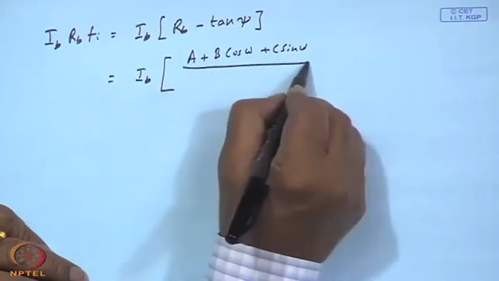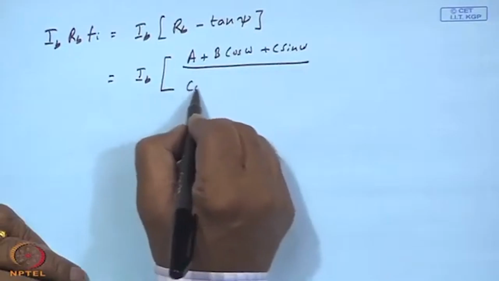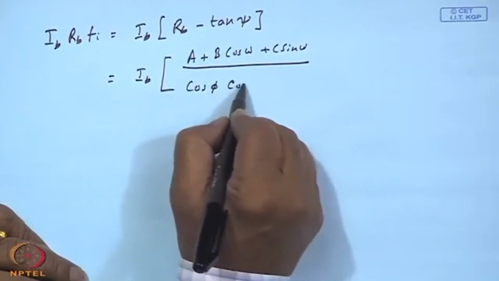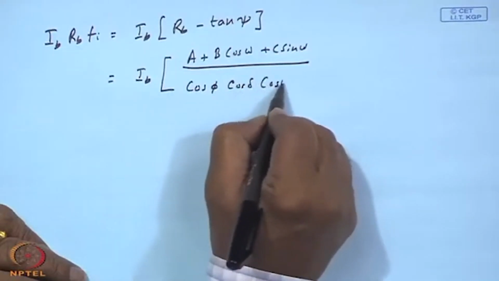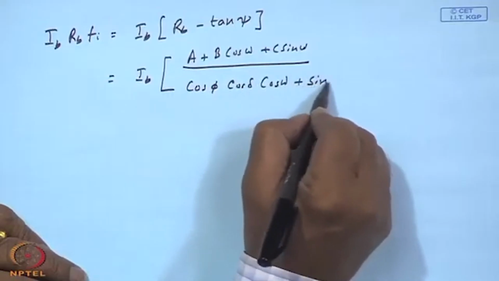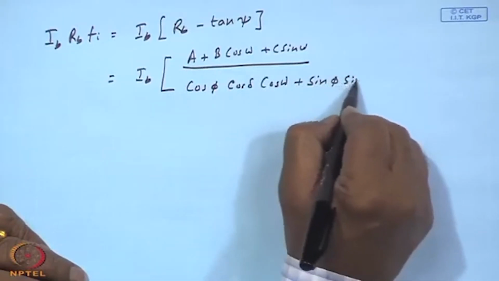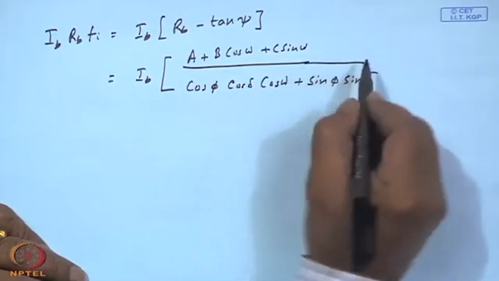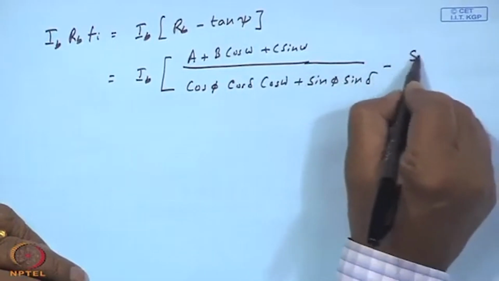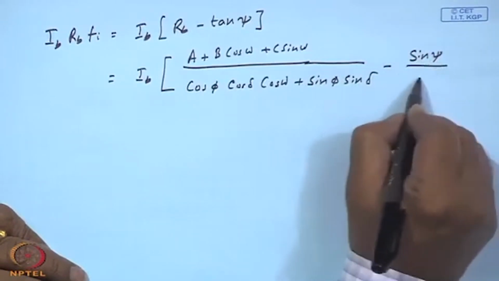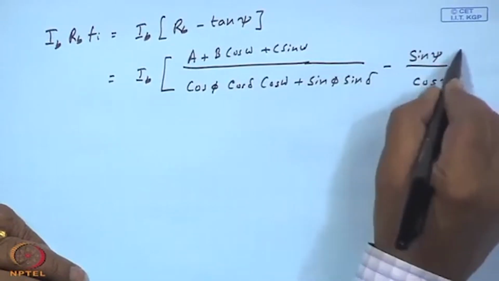It need not be south facing, by cos theta z, cos phi cos delta cos omega plus sin phi sin delta, minus sin psi by cos psi.